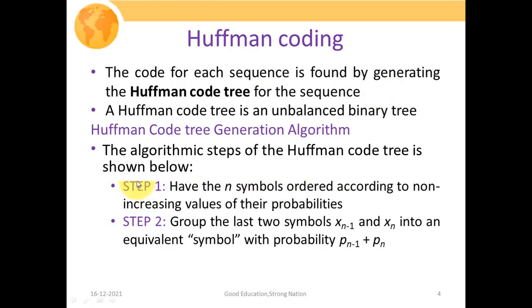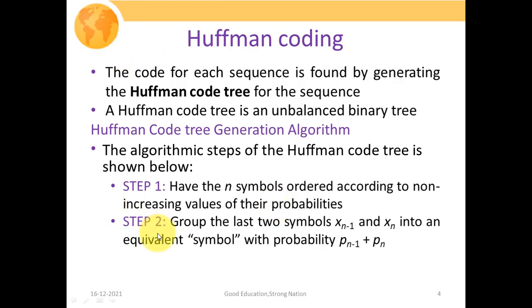That is what we have to do in our first step. Have the n symbols ordered according to the non-increasing values of their probabilities, or you could say decreasing probabilities. That is, out of the n symbols that would have been generated by your discrete memoryless source, we have to order them in the decreasing values of their probabilities.